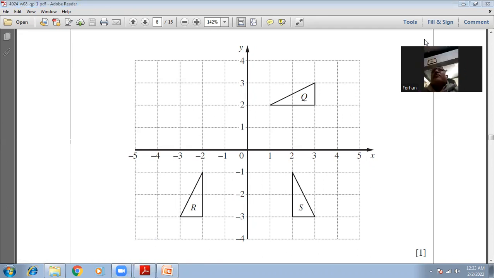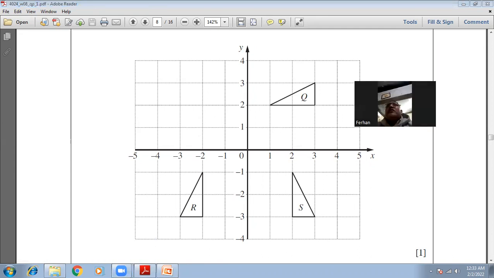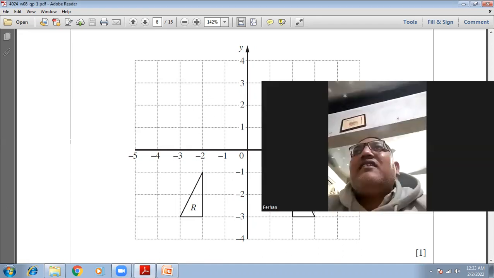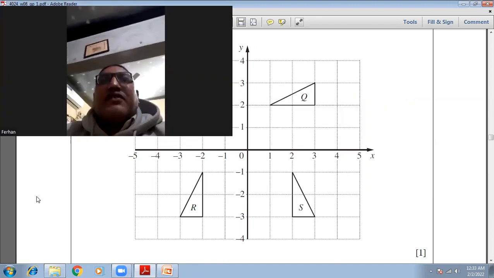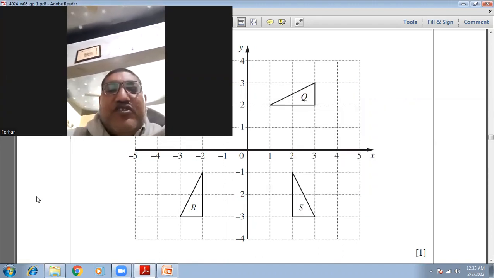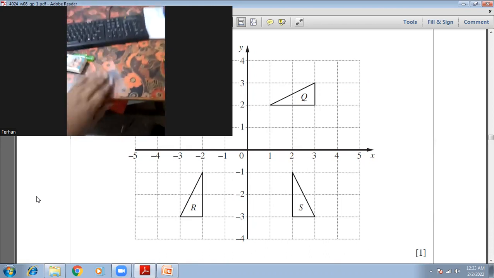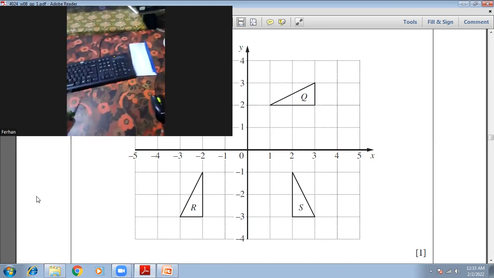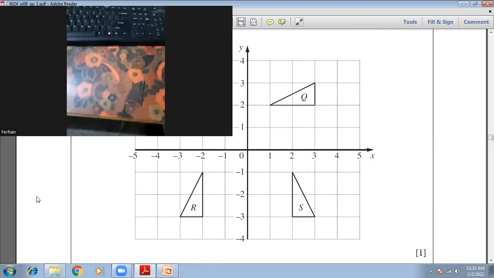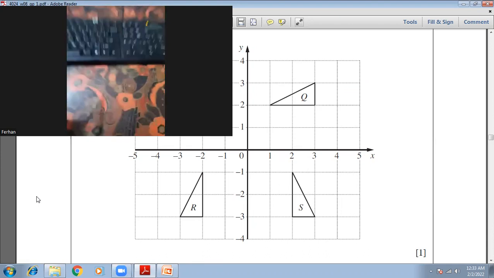So let me show you how you will do it. Okay, so here we go. Hopefully you can see me. Okay, so let me change the direction of the camera. Okay, so here I have a set square.